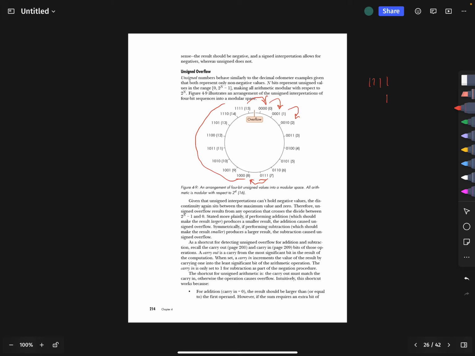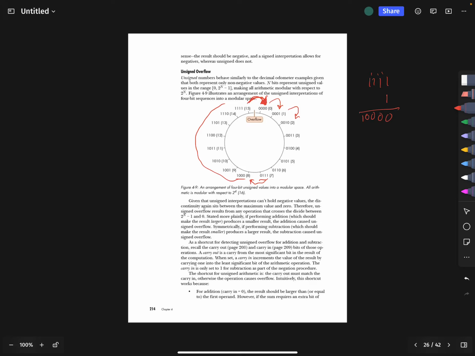In this particular case, we're going to get a 0, and then we carry, and that causes another 0 with another carry, and another 0 with another carry, with a 0 and a carry. This is an overflow, because this is sending us from the representation of 15 down to a smaller value. It's crossing this discontinuity.